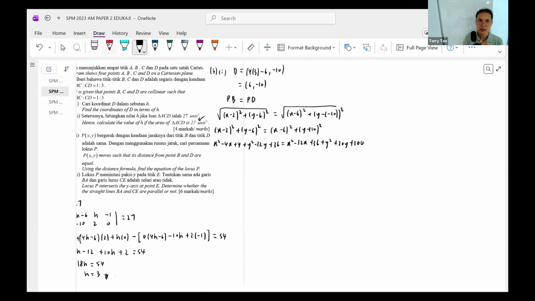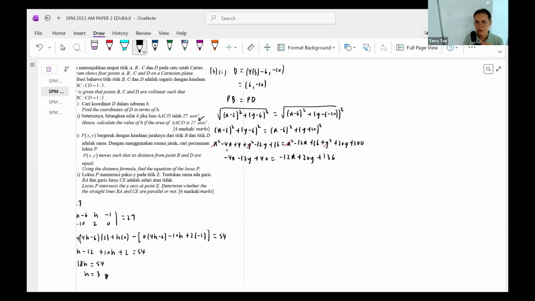Now I'm going to cancel my x squared and x squared, and cancel my y squared with y squared. What I have left on the left hand side is minus 4x minus 12y plus 40, and on the right minus 12x minus 20y plus 136.